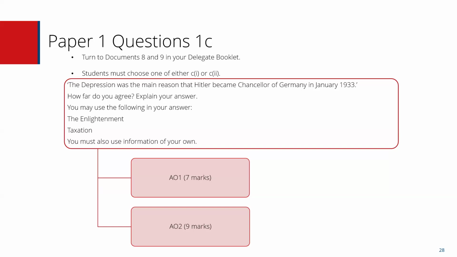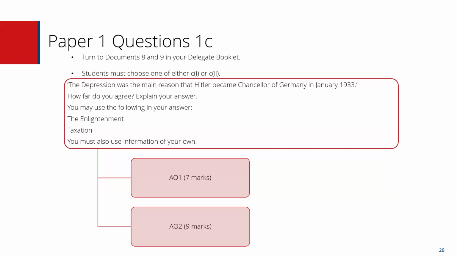To get into level 4, they need evidence for and against. And they also have to go beyond the stimulus points that are given. The question you've got here is about the main reason for Hitler becoming Chancellor. And it gives the stimulus points of the Enabling Act and taxation. But it tells them that they've got to use information of their own.